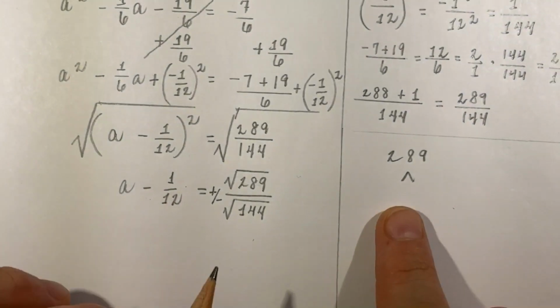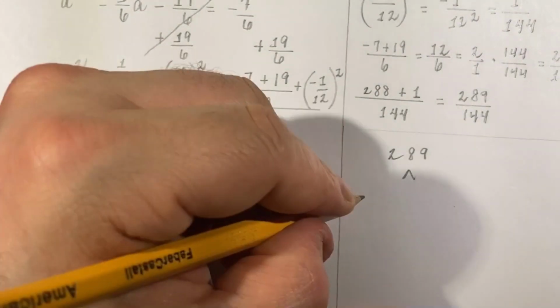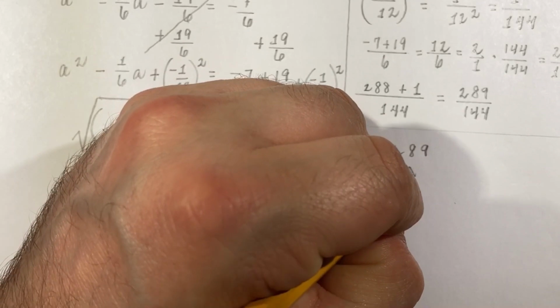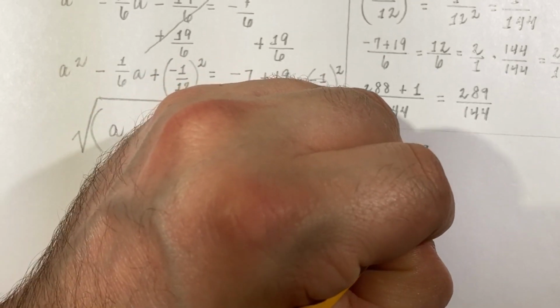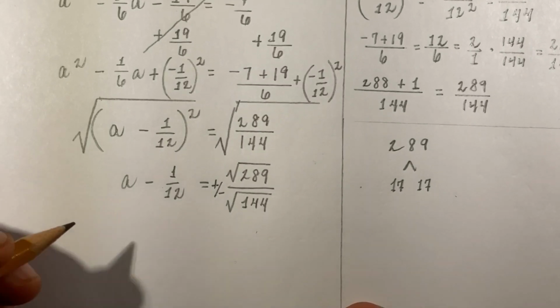And so 289 is a perfect square of 17 and 17. I never would have figured that out without a calculator. 17 and 17. Those are hard. Okay. Never in a million years would I have figured it out.